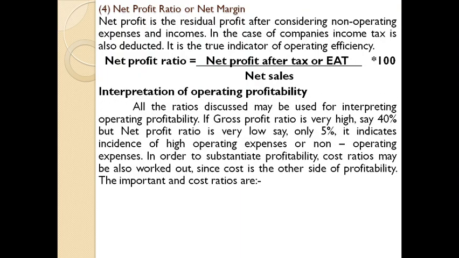For example, if gross profit ratio is very high, that is 40%, but net profit ratio is very low, only 5%, it means there is a high incidence of operating expenses or non-operating expenses.